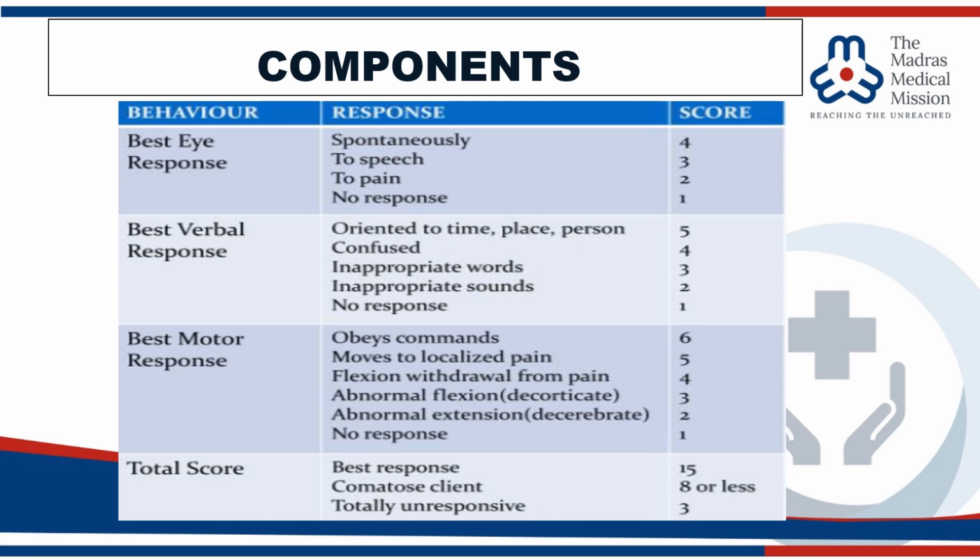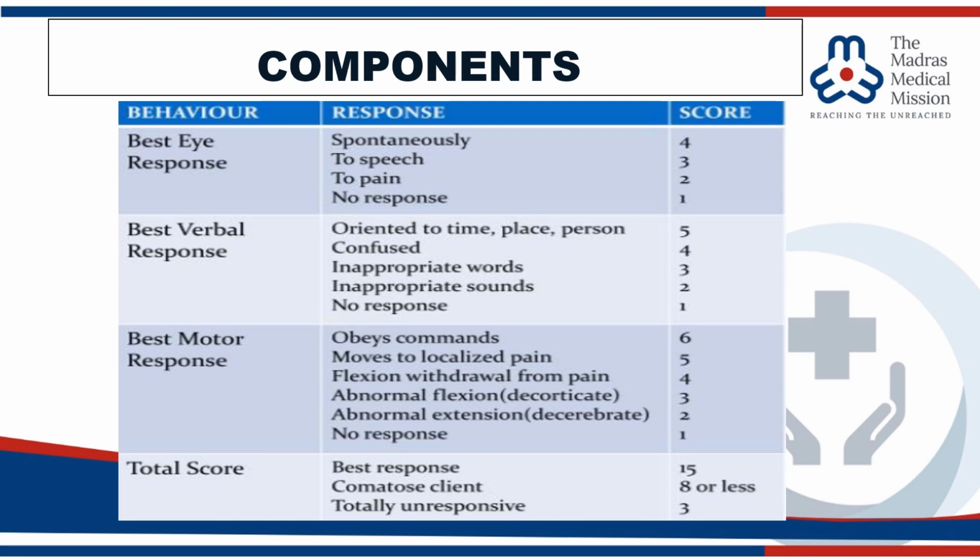And the third category is the best motor response. Here the patient's motor strength will be assessed. If the patient has no motor response, then it will be scored as 1. If the patient has an abnormal extension, or decerebration of the extremities, then it will be scored as 2. If there is an abnormal flexion or decortication, then it will be scored as 3.